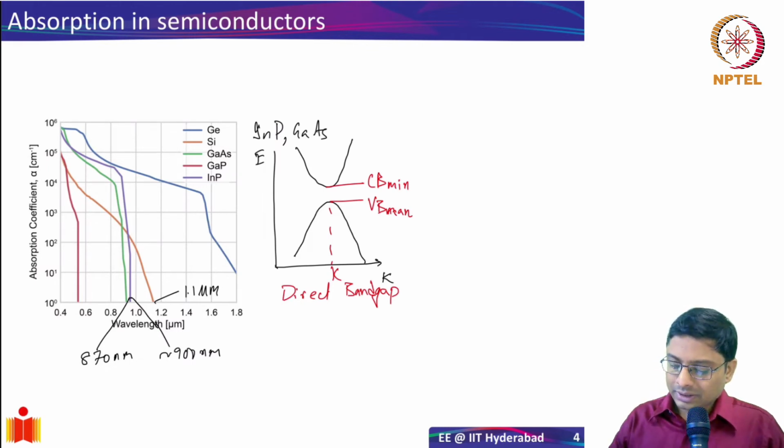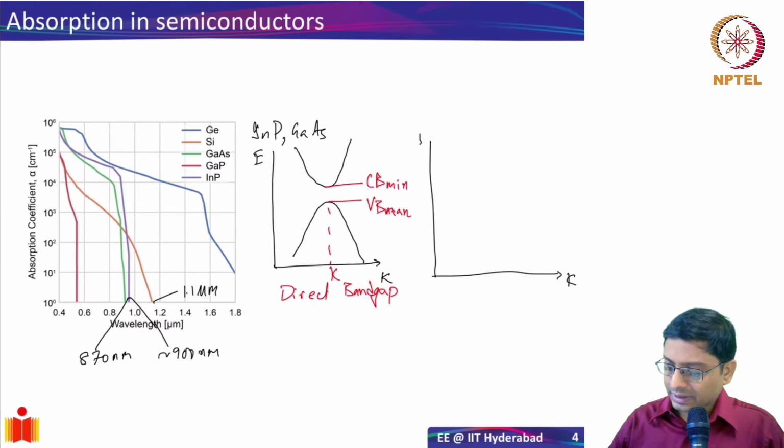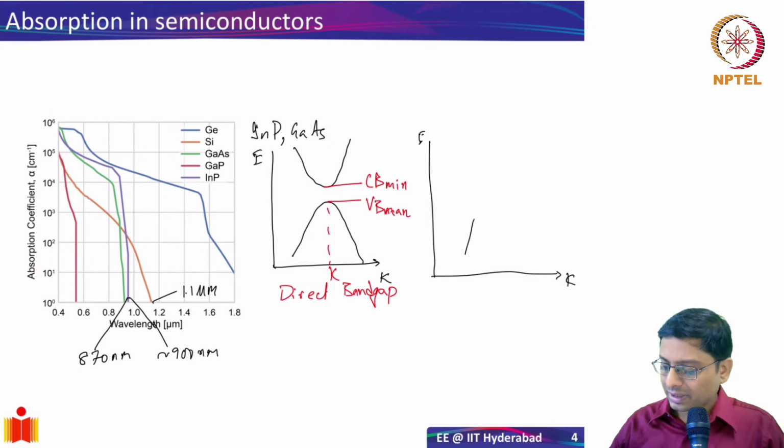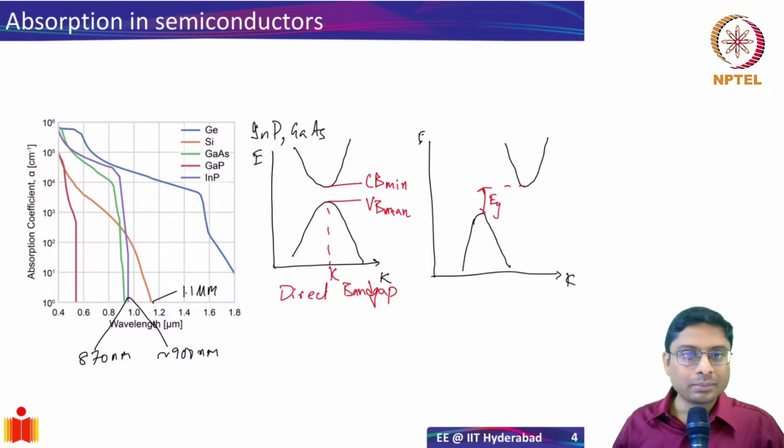This is in contrast to the indirect band gap materials, where if I draw for an indirect band gap material, I'll have my peak in the valence band and my minimum in the conduction band, but they don't occur at the same K. For an electron to go from the valence band to the conduction band, it needs this energy, and also an additional momentum that comes from a phonon. So this process is not a very efficient process.